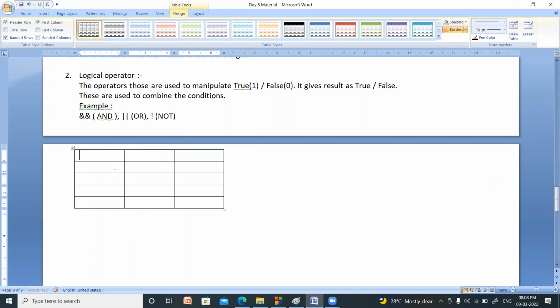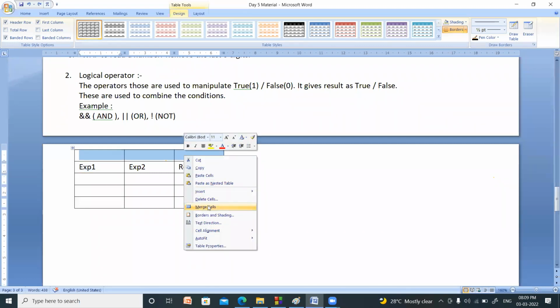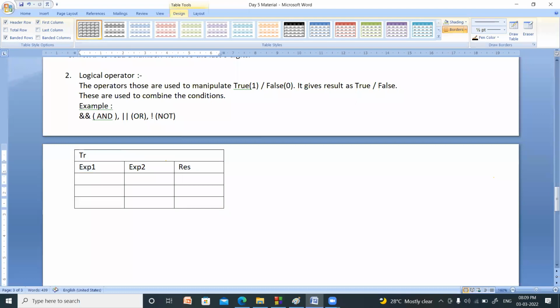Now, this is about the truth table of AND. It is called A and B. Now, first expression, it is true. Second expression, it is also true. Third expression, it is false.